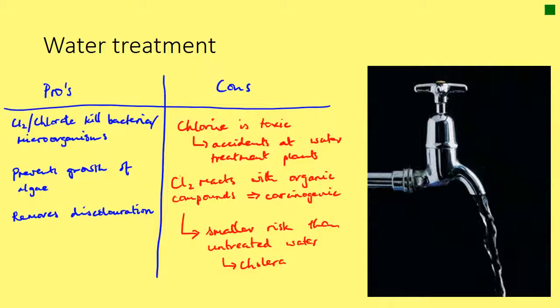Some of the organic compounds that might be in water from plant decomposition, for example, would be coloured, and people don't like those colours. They don't think they're clean, and basically the chlorate will bleach it and make it look cleaner. So we'll summarise that by saying removes discoloration.